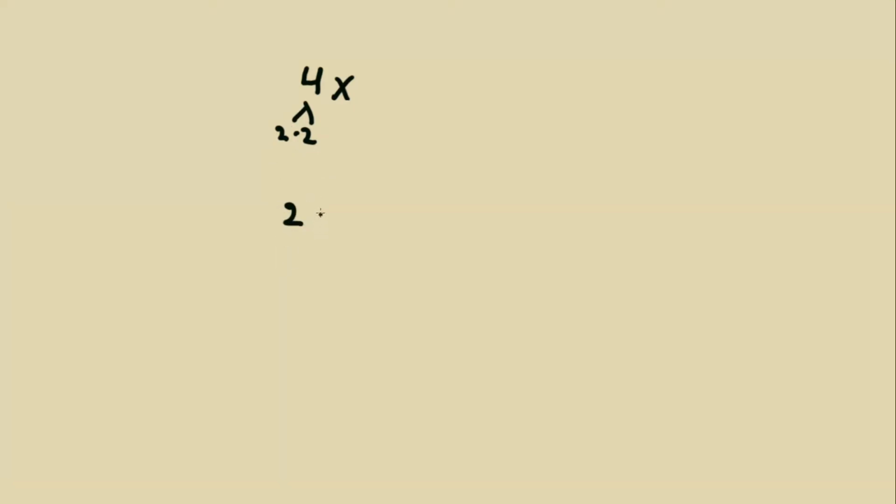So now that we have a 2, let's make parentheses, and then we have to ask ourselves, what times 2 is going to equal 4? Well, that's just 2. And then let's just bring down this x. It's that simple. Now we have 2 times 2x, which equals 4x. See, we turned the product into a factor. There we go.